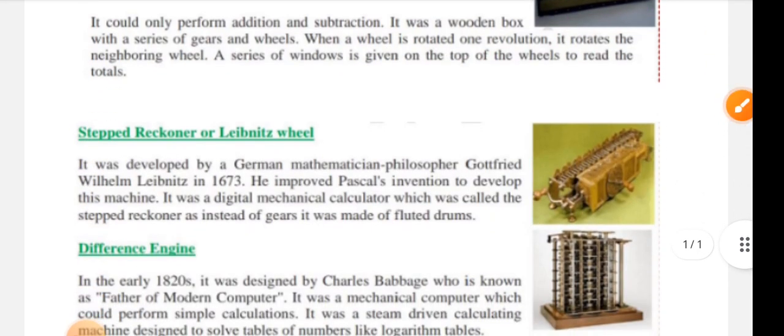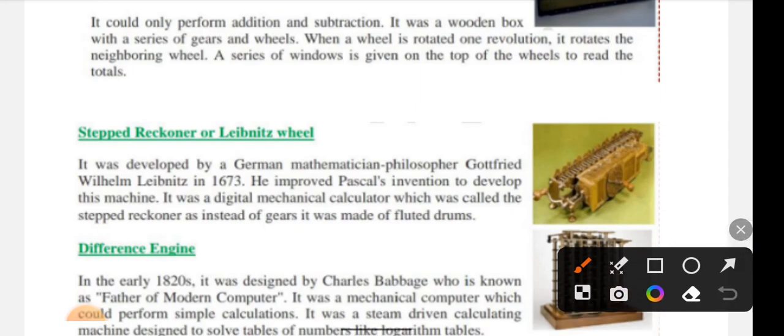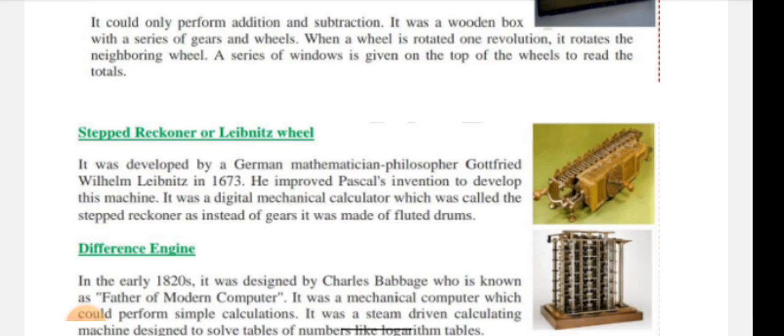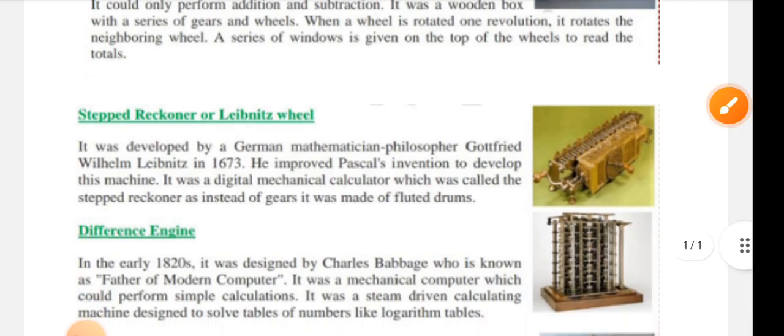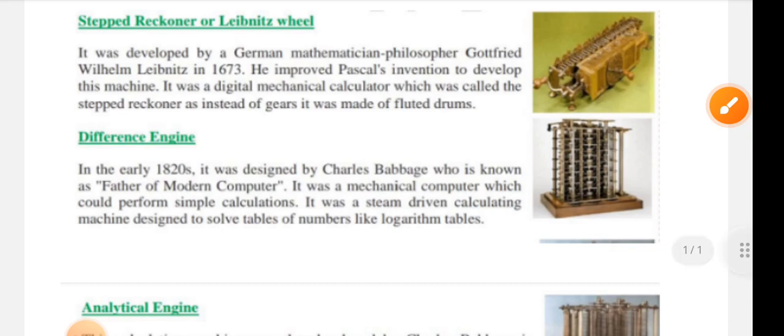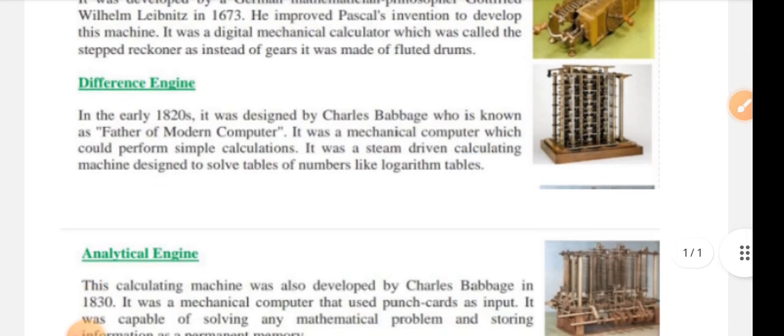Now we are going to discuss the stepped Reckoner, or Leibniz wheel. It was invented by Wilhelm Leibniz in 1673, and it improved on Pascal's invention. It was a digital mechanical calculator called the stepped Reckoner, because instead of gears it was made of fluted drums.